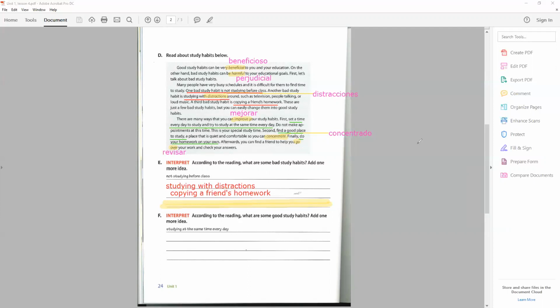Okay, so let's write them down. We already have one, which is studying at the same time every day. Okay, our next one was find a good place to study.